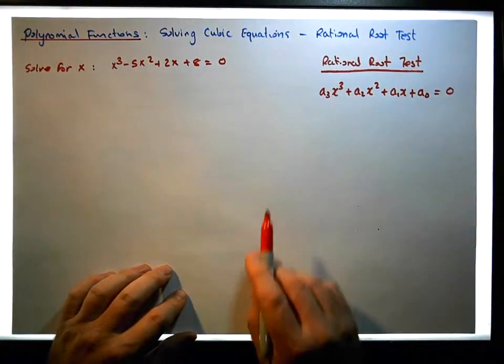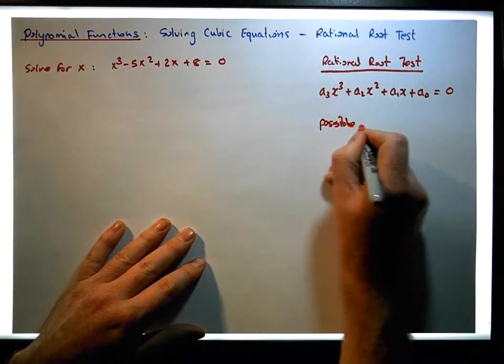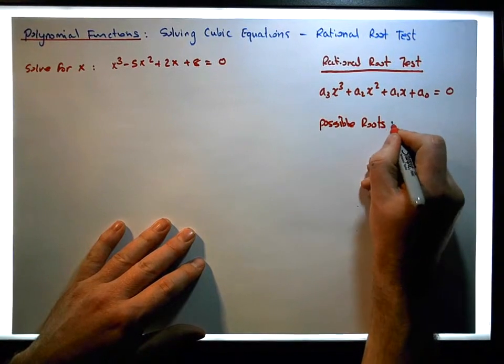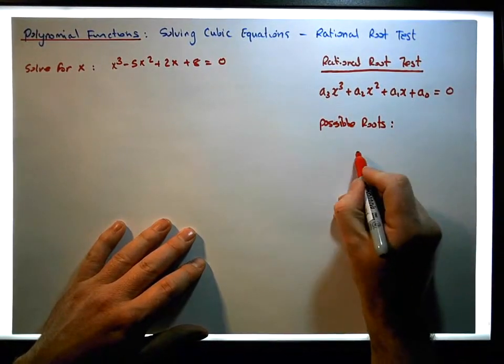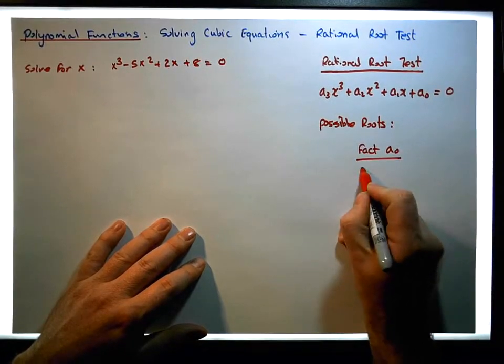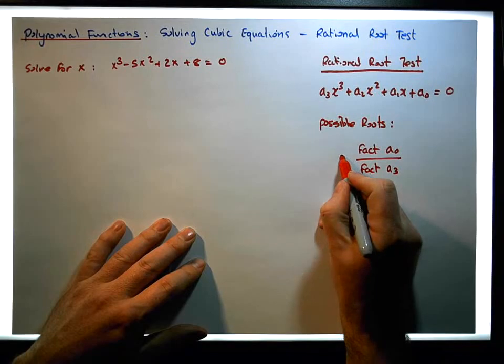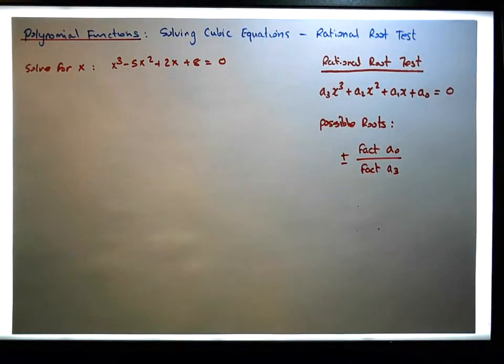The rational root test tells us that possible roots can be found by considering the factors of a0 divided by the factors of a3, plus or minus those things. So these are all possible roots.